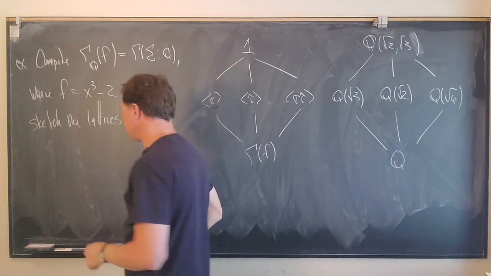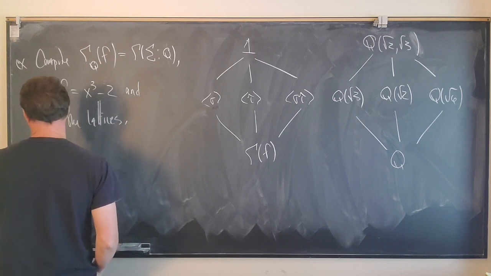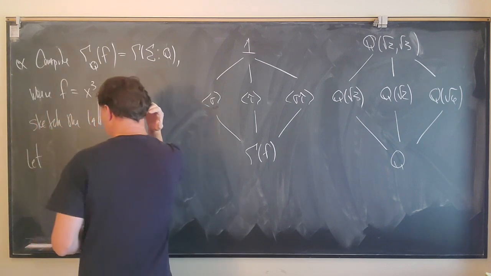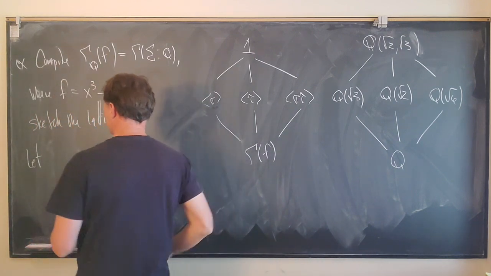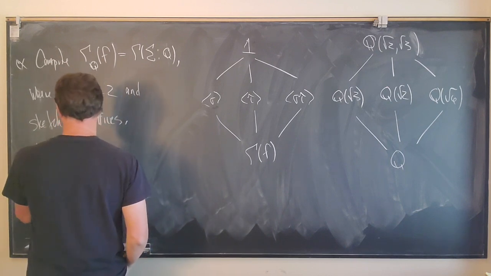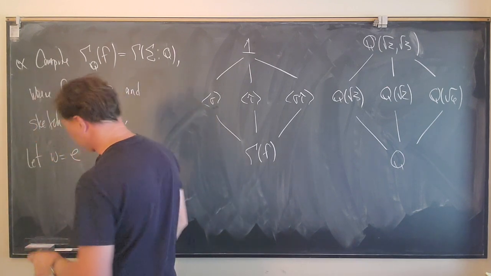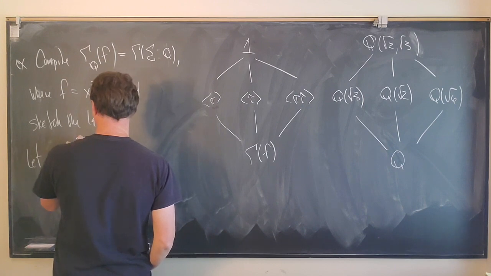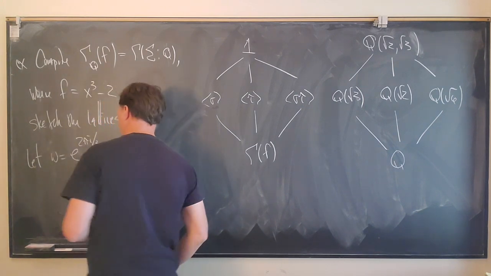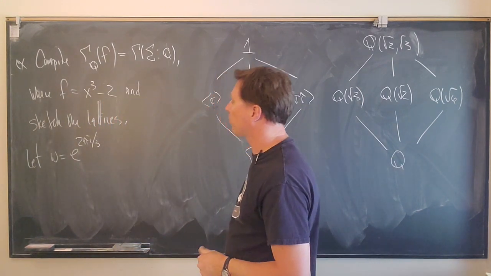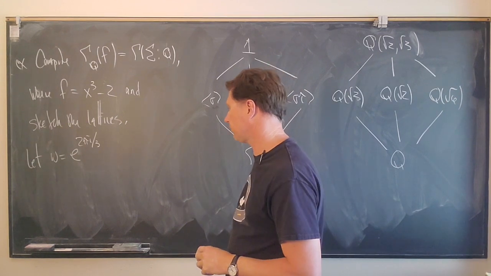And here's one way if you want to do it the complex analysis style. Let omega equal e to the 2 pi i over 3. So there is our primitive third root of unity.